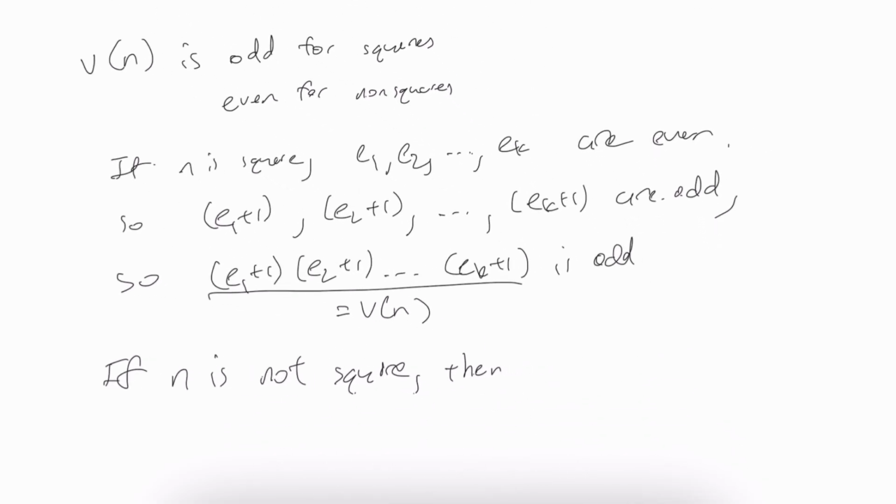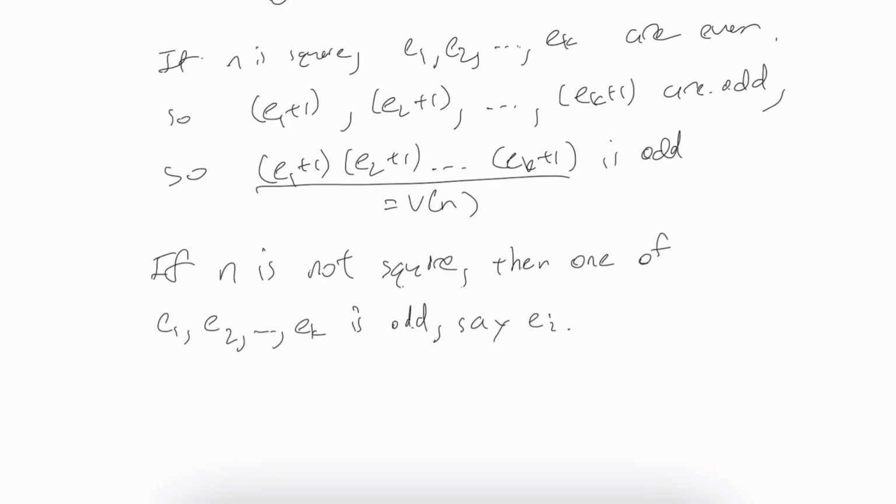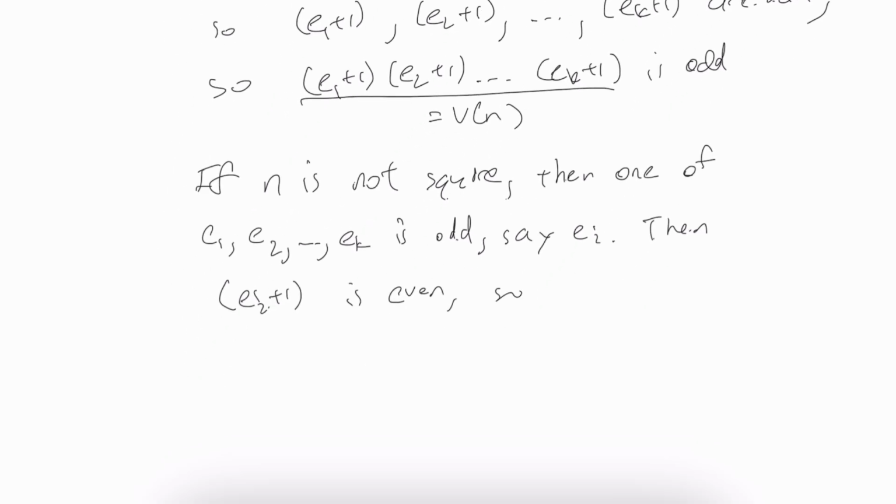So one of e1, e2, and so on, let's say it's ei, is odd, then ei plus 1 is even, so the product of e1 plus 1, e2 plus 1, through ek plus 1 is even.